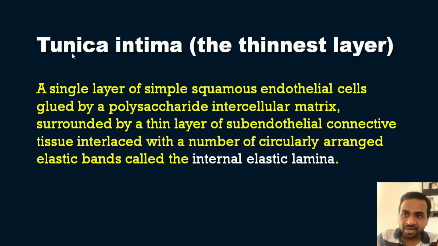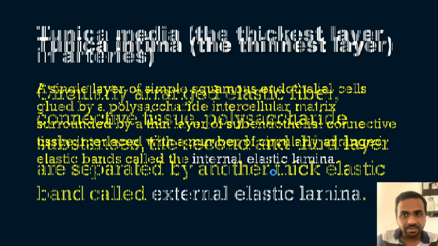Okay, so you should understand that Tunica intima is the thinnest layer, and it contains several types of tissues, not only connective tissue: simple squamous endothelial cells, polysaccharide intercellular matrix, and subendothelial connective tissue, and it has elastic bands called the internal elastic lamina. Okay, so that is Tunica intima.